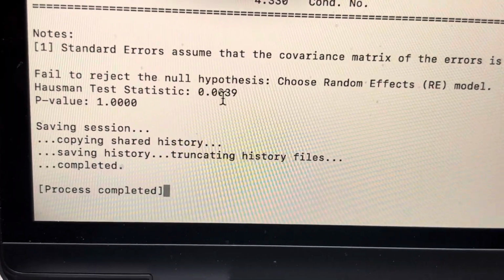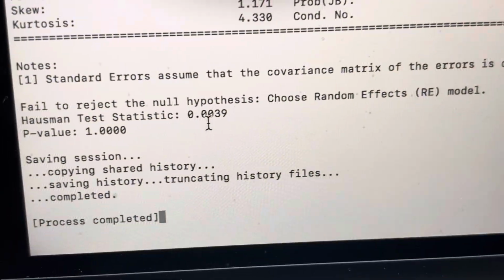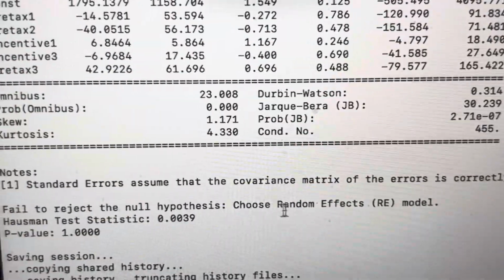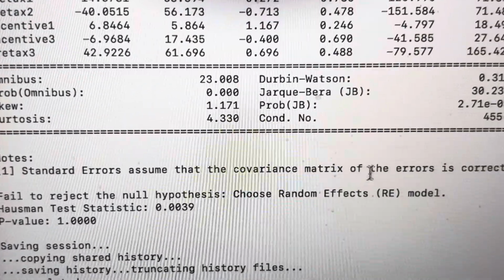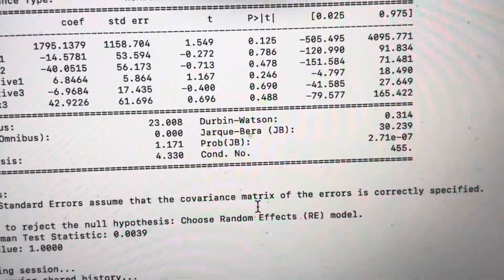But the Hausman statistics test is also just barely the result of what happened in the panel data. So this is it, and I believe you have learned a lot from this. It's a good one.